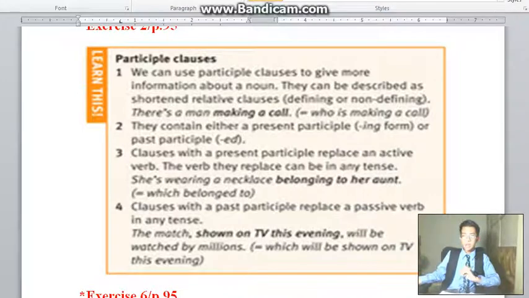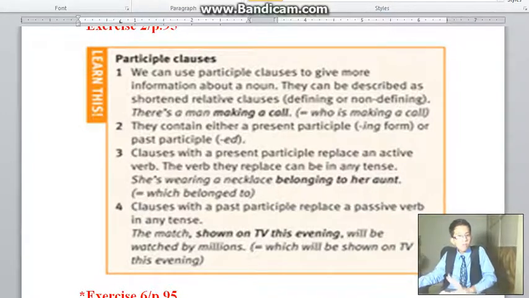Let's go next. Clauses with the present participle replaced by an active verb. The verb they replace can be in any tense. Example, she is wearing a necklace belonging to her aunt. Or they can also say, she is wearing a necklace which belonged to her aunt.